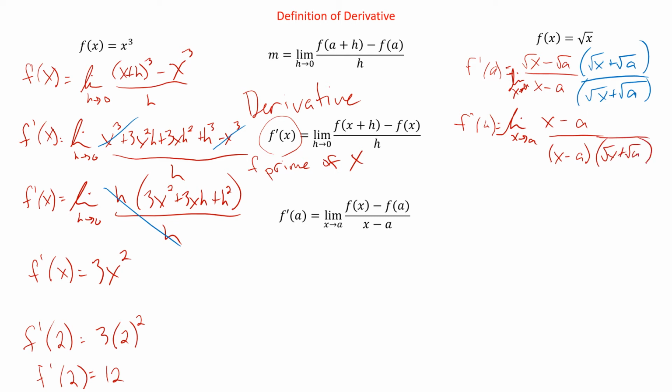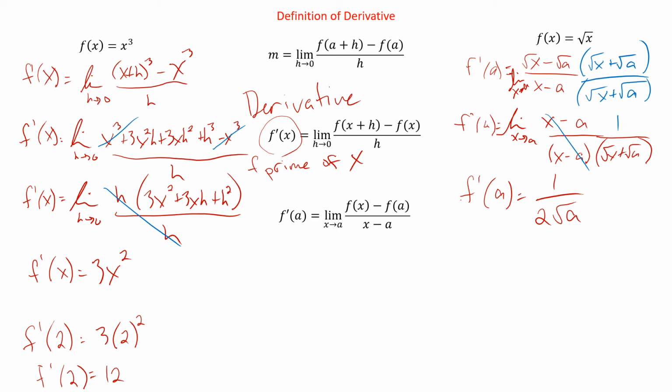And so now, x minus a's can cancel. That's that whole thing, leaving us with a 1 in the numerator. So now we can take that limit, f prime of a equals 1 over root a plus root a, which is 2 root a. So we have 1 over 2 root a.